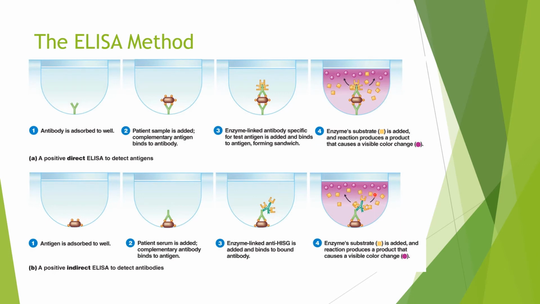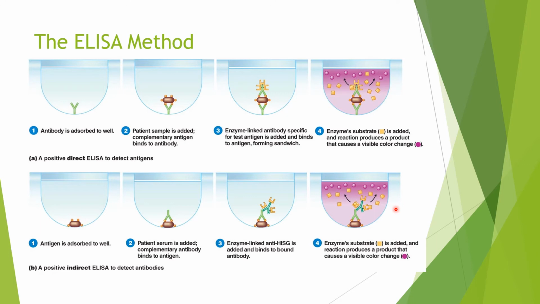We add the substrates. If the substrate binds to that secondary antibody, which is bound to the primary antibody that was already added from the patient's serum, a color change is going to take place. And again, that will confirm that the patient has that bacterial infection.